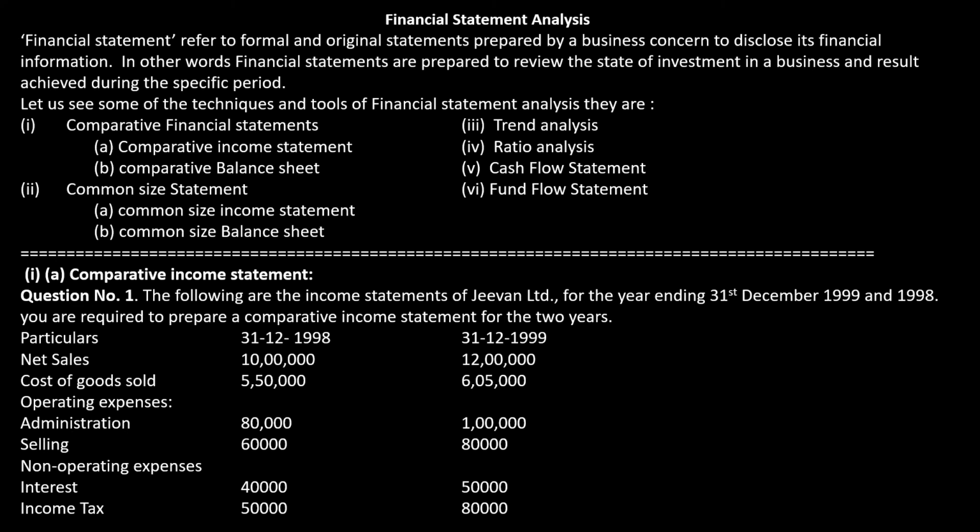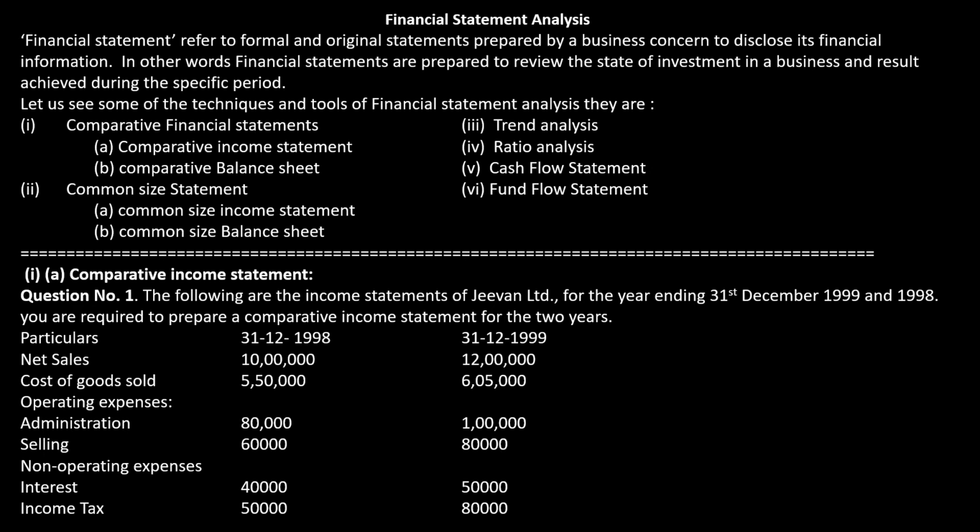Second, common size statement, which also has 2 subdivisions: common size income statement and common size balance sheet. Third is trend analysis, fourth is ratio analysis, fifth is cash flow statement, and the last one is the fund flow statement. So these are the tools and techniques for analyzing financial statements. Now we'll do them one by one, problem by problem.